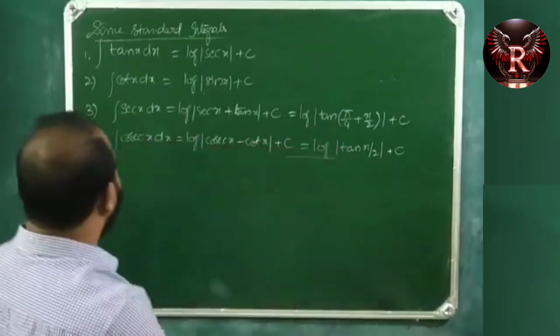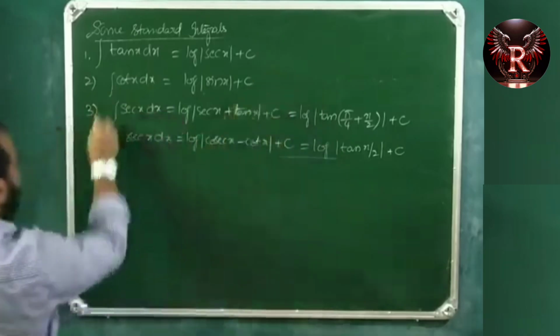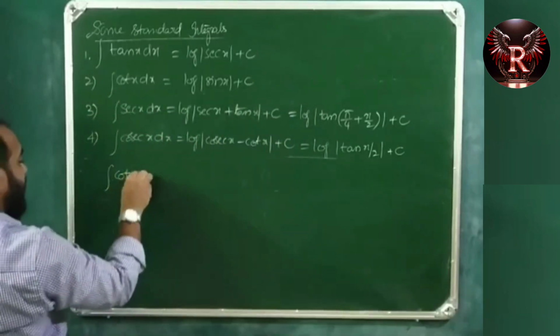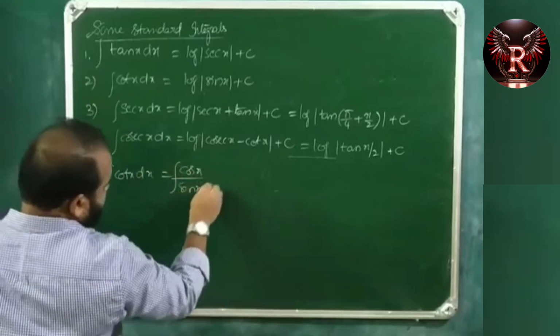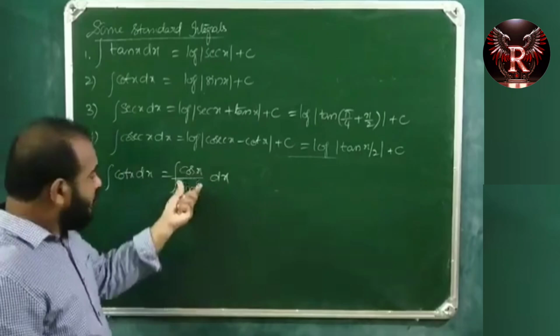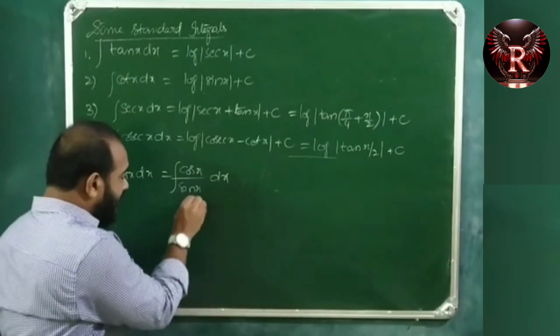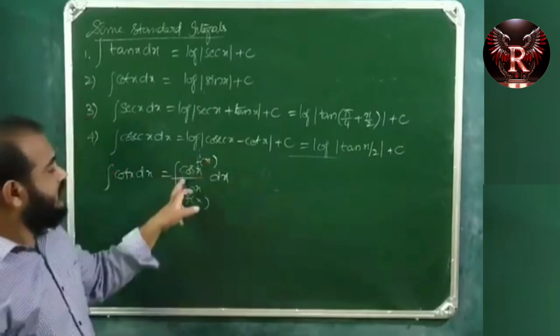Likewise, if you see this integral cot x dx, it is integral cos x by sin x dx. Directly, sin x derivative is cos x. So sin x is f of x, its derivative is cos x, which is f dash x.